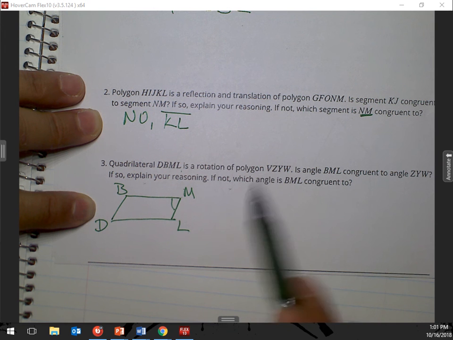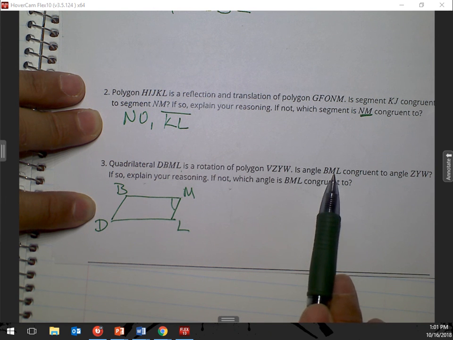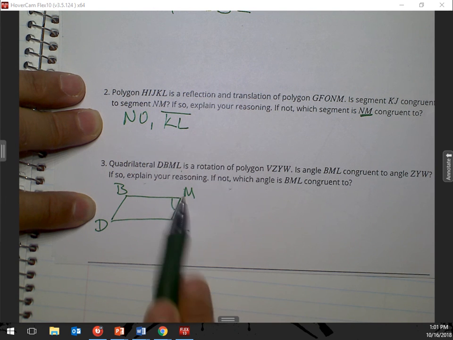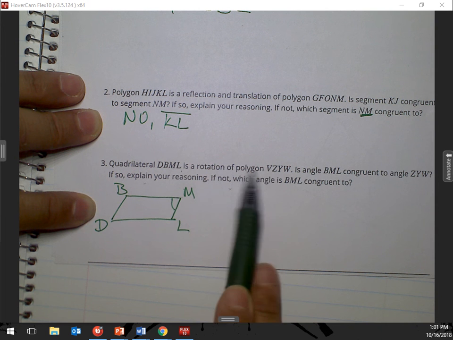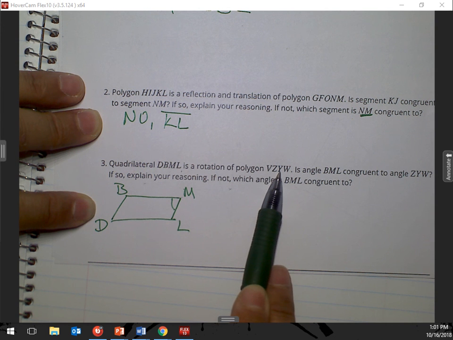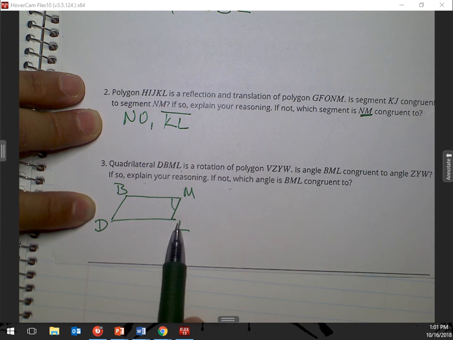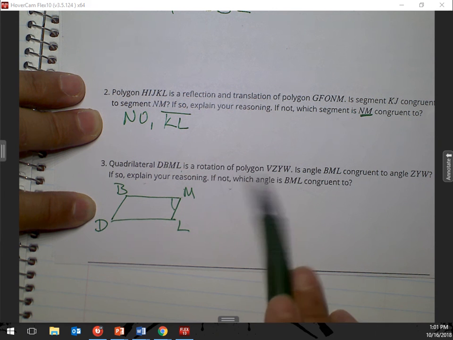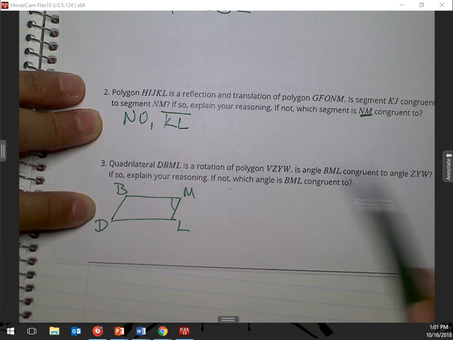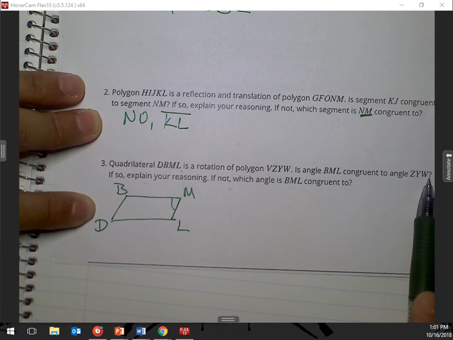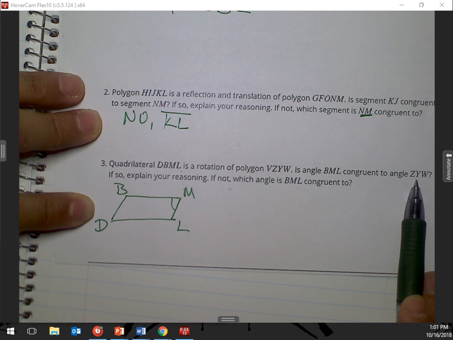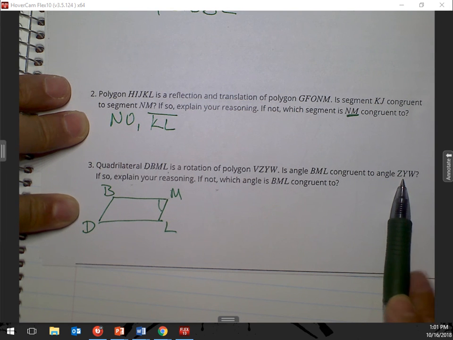M over here is this, so what does M have to go with? Y. And it's supposed to be between B and L, so that would be Z and W. There it is. Does that work? Yes.